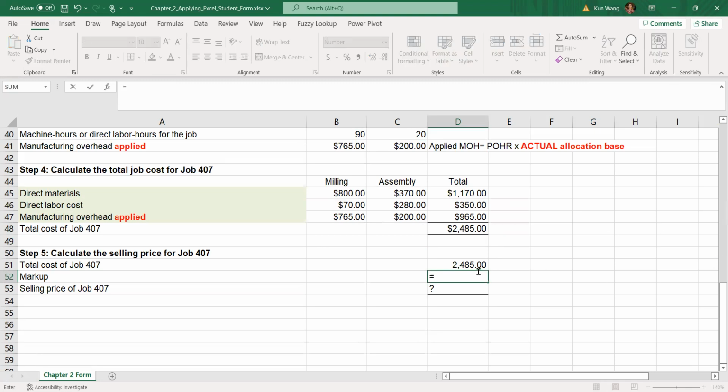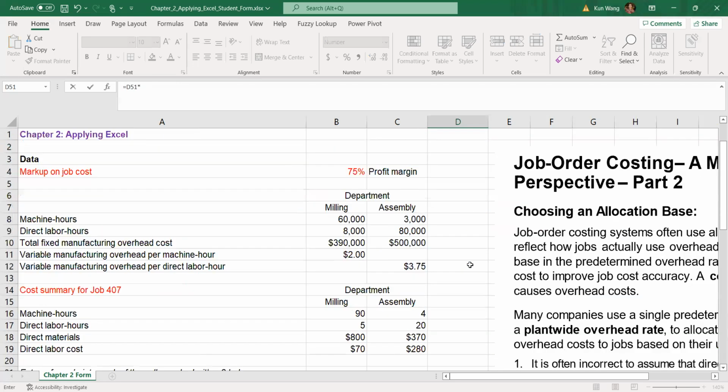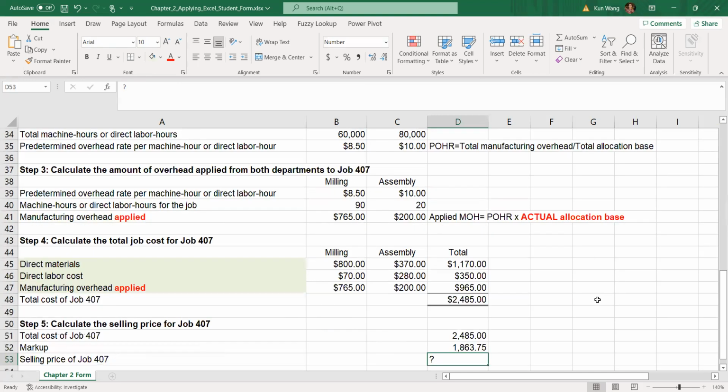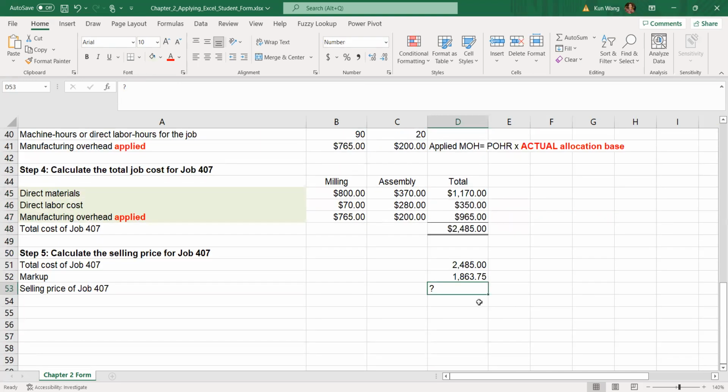So use the cost multiplied by it. I think you can type 75%, but I'm referring to the cell here because we are really practicing the cell reference and other calculation skills in Excel.